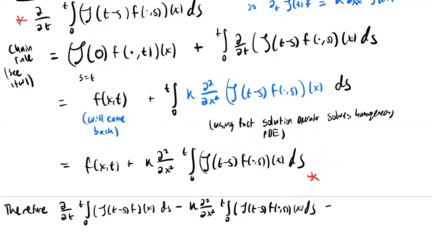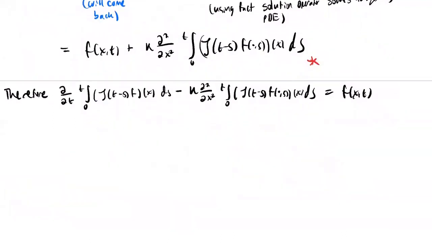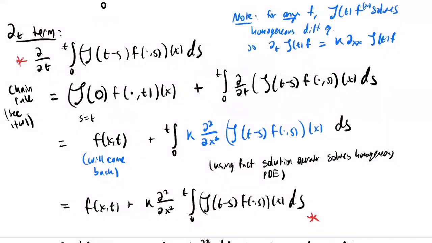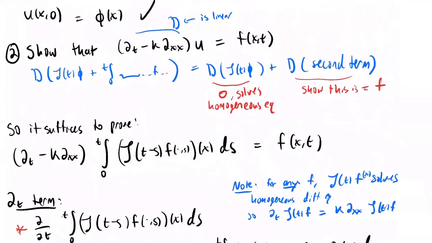Then all that's left over on the right-hand side is f of x t. This is just what we were left with. And so this says that if I apply the diffusion operator to the second term, which was this complicated integral, all we end up with at the end of the day is just f of x, which is what we wanted. This is what we were trying to show right here. Okay.